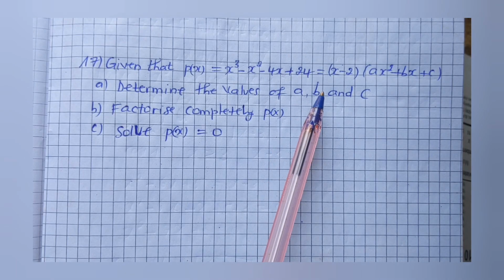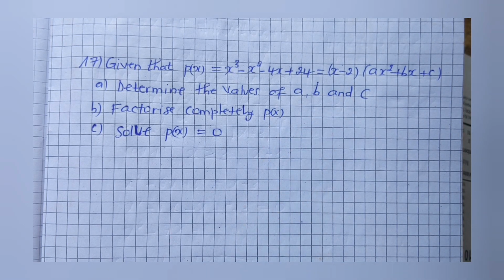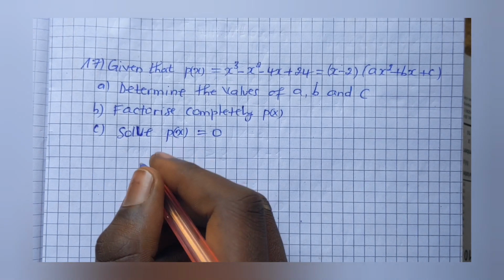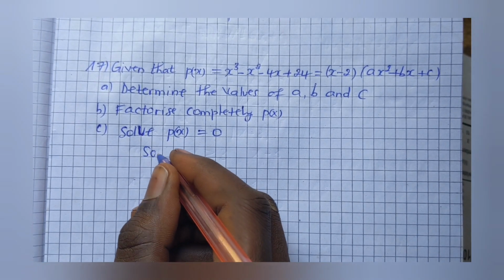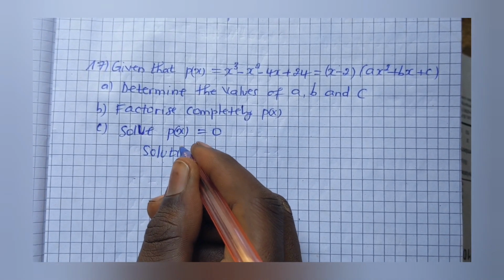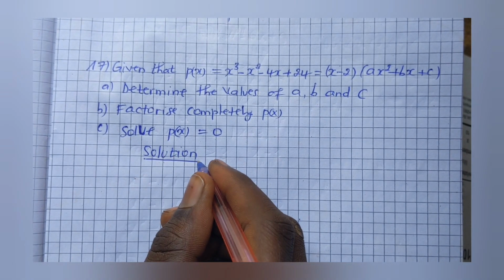The question says that given P(x) equals x cubed minus x squared minus 4x plus 24 equals (x minus 2)(ax squared plus bx plus c).